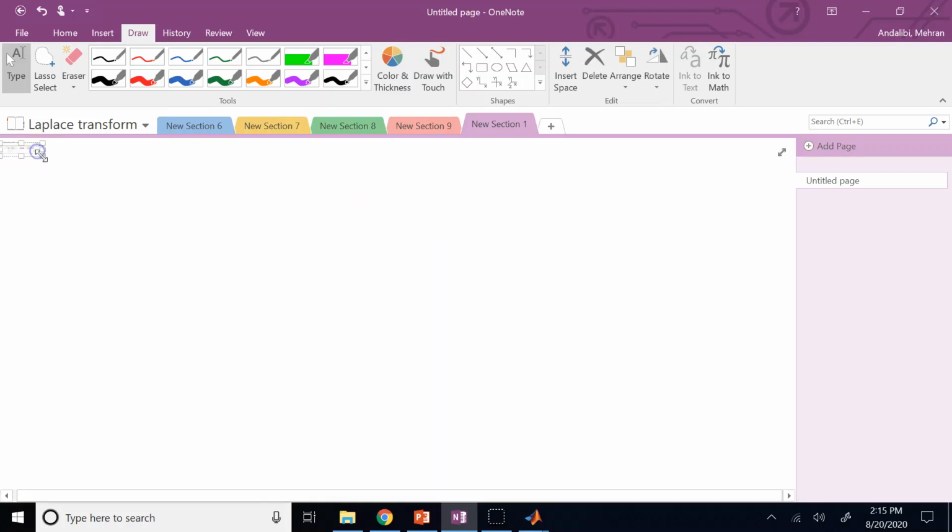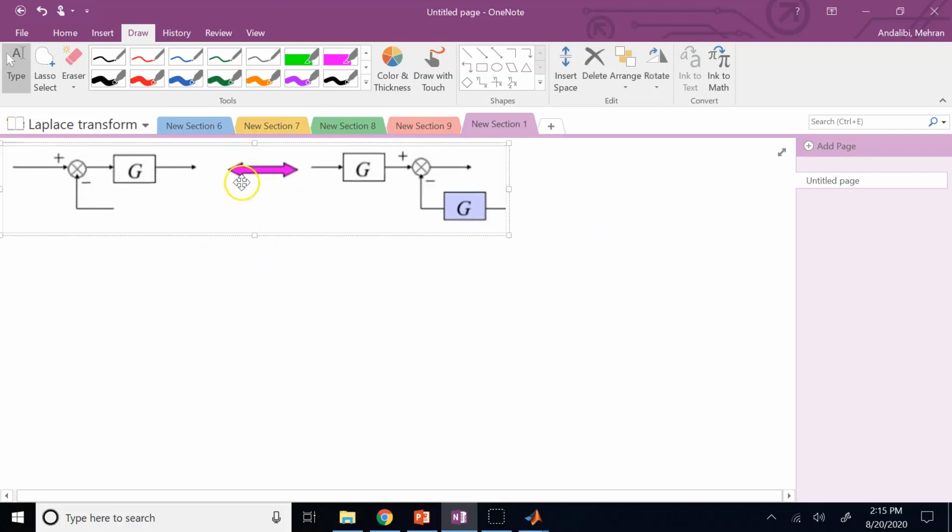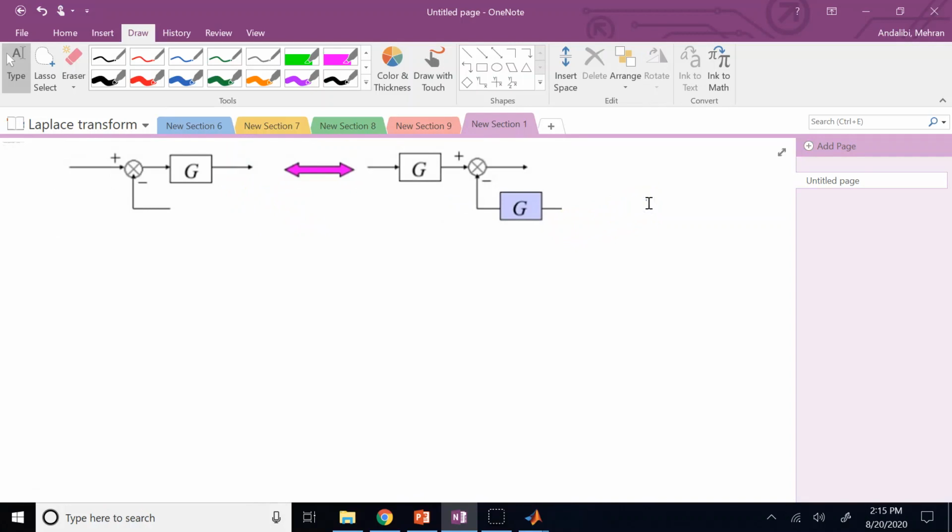So here we go. Why are these two equivalent? Well, if I call this signal A, whatever you want, and this signal B, what is the output here? This is going to be A minus B, correct? And this is G times that, so it is going to be G times A minus B, right? So the signal going out is G times A minus B. But look here.